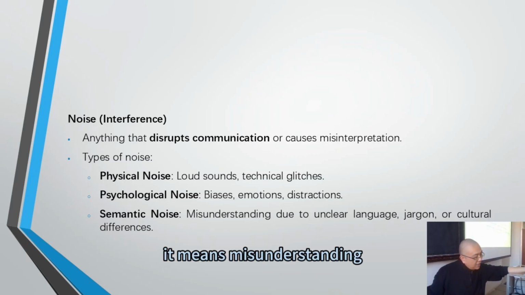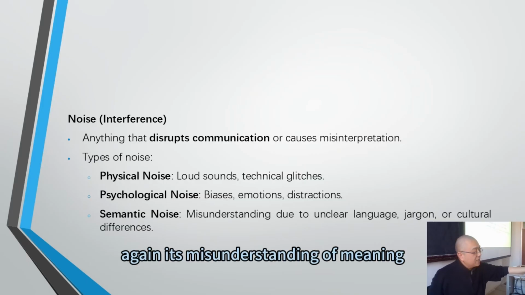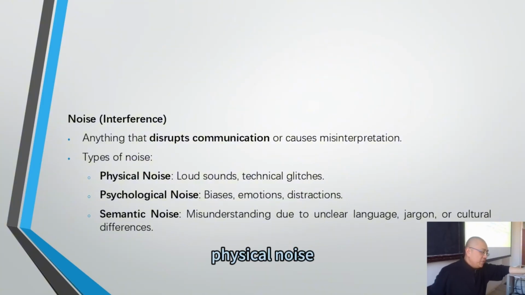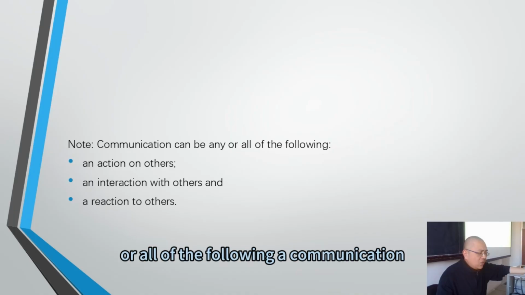It means misunderstanding due to unclear language, due to jargon, technical terms, due to cultural differences. Again, it's misunderstanding of meaning. Physical noise, psychological noise, and semantic noise. A communication can be any or all of the following.